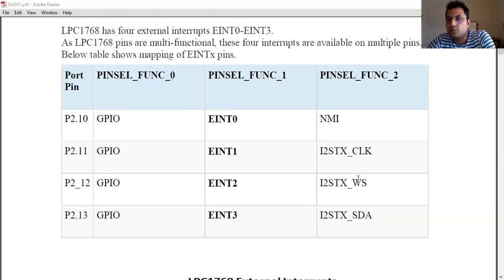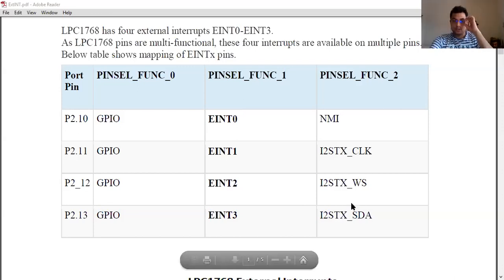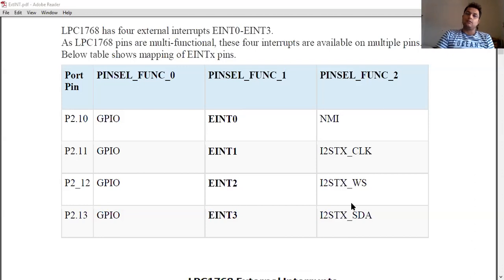If you write 0, 1 to those bit positions, the pin select function is set. If you do not write anything, the value remains 0, 0, which means those pins will work as general purpose input output. But if you configure it as 0, 1, the corresponding pin will be acknowledged by the system as an external interrupt pin.